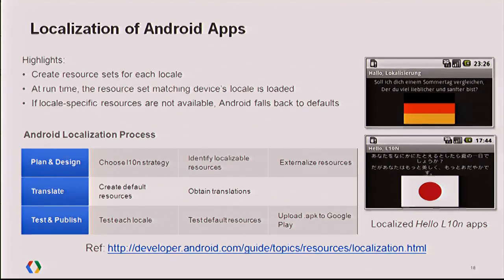Let's talk a little bit more about some of the technical details here. The strings.xml file contains your translated strings. Under res/values, the strings.xml in that directory would contain the default translations.